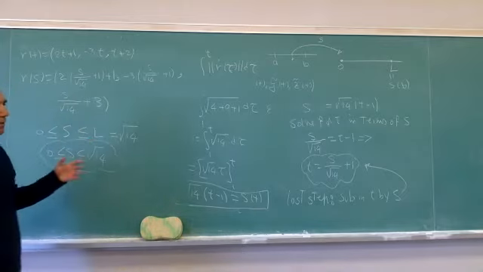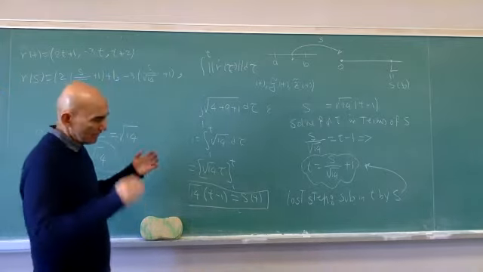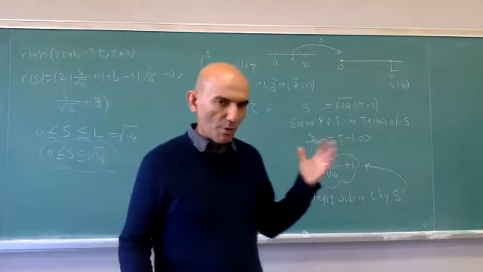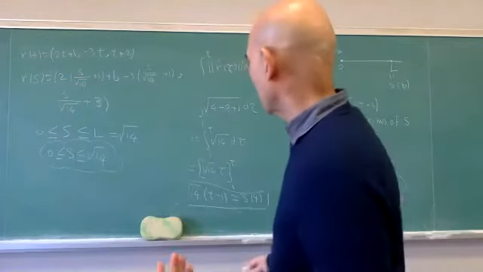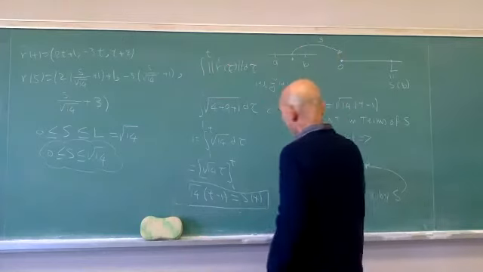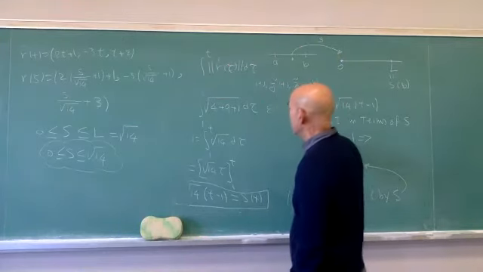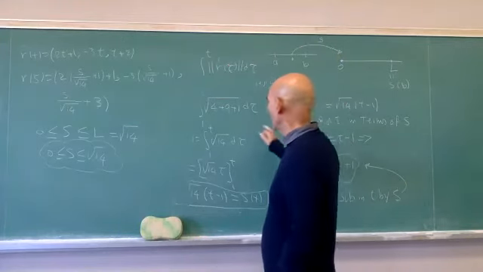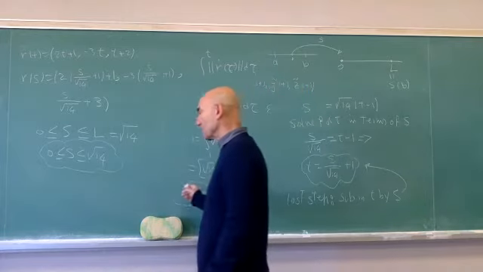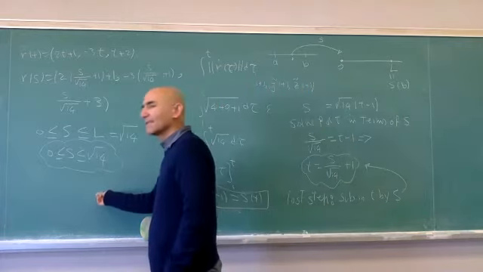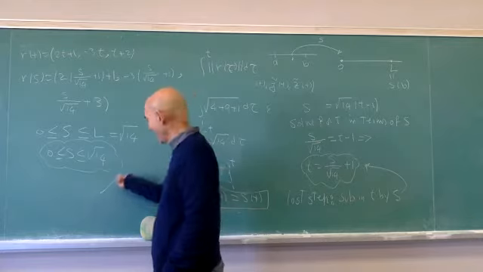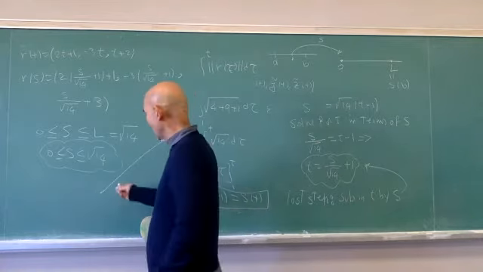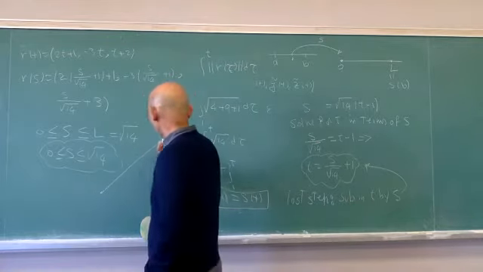So this problem was rather easy. If you know the mechanics of the problem, it was easy because the integration turned out to be easy. The reason the integration turned out to be so easy was because we just had a straight line from one point to another point.